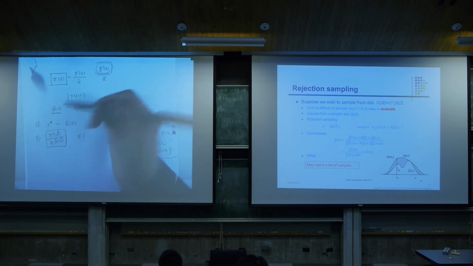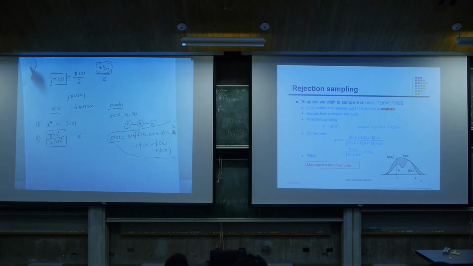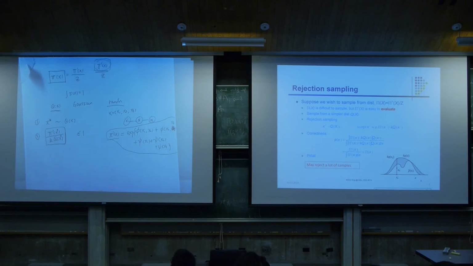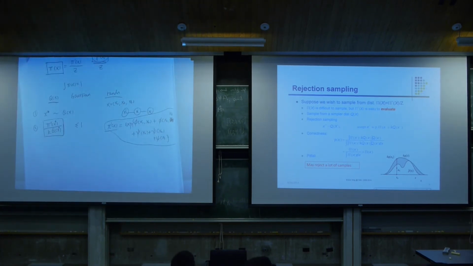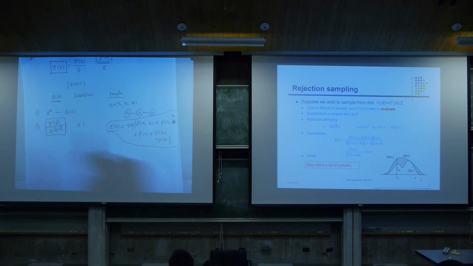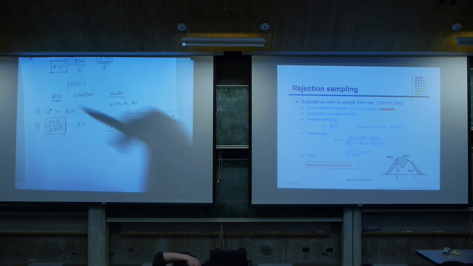Q(x), in principle, can be any distribution which is simple to draw samples from. So the procedure is very simple. Any questions about the two-step procedure? You keep repeating these two steps to draw as many samples as you want.